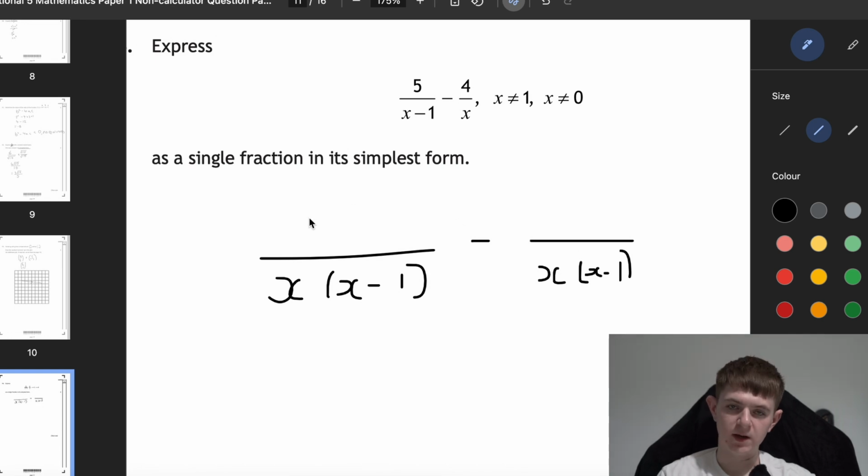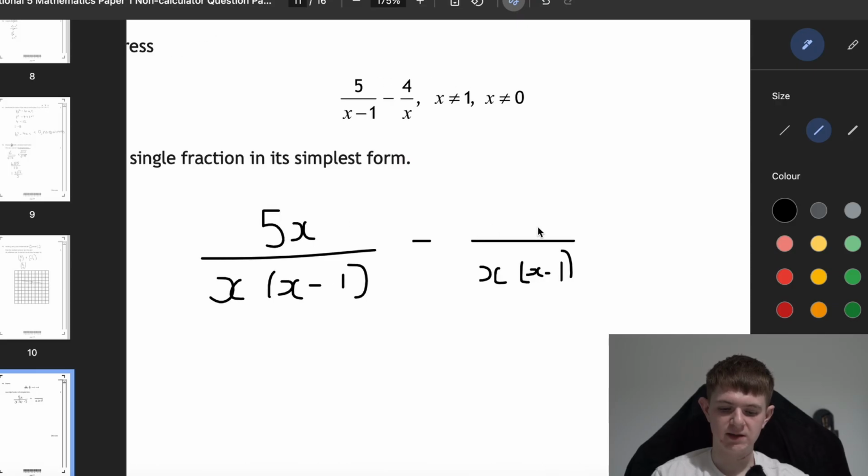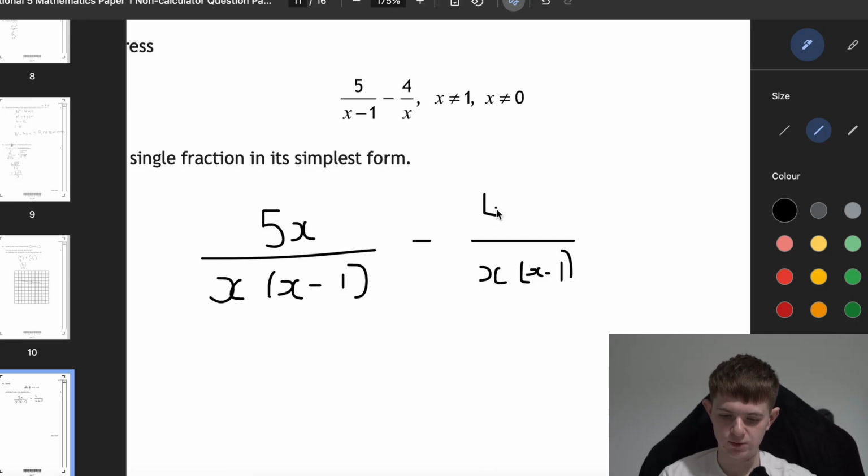Now we've gone from x take away 1 on this side to x bracket x take away 1 on this side. So we times by x to get that. So I need to times the top by x as well. So we've got 5x. Same on the other side, we went from x to x bracket x take away 1, so we need to times by x take away 1. So that means we're going to have 4 bracket x take away 1 on top.